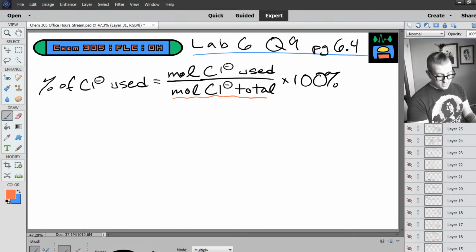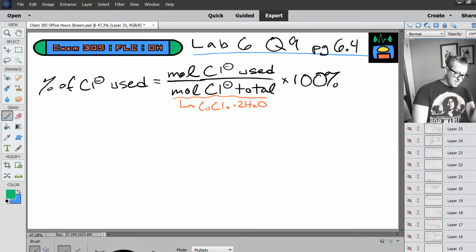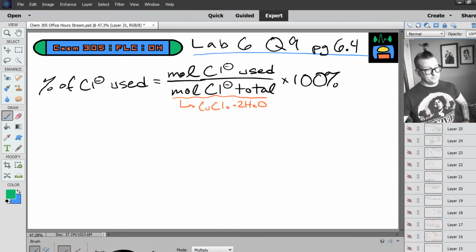All right, now the total moles of chloride, we'd have to get this from our copper 2 chloride dihydrate. Right, because that is how many moles that we get total.